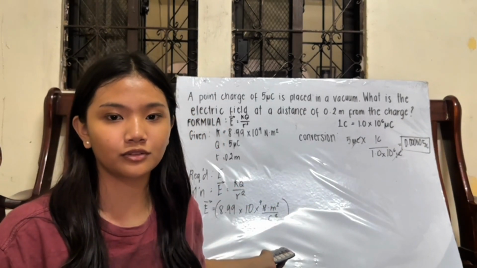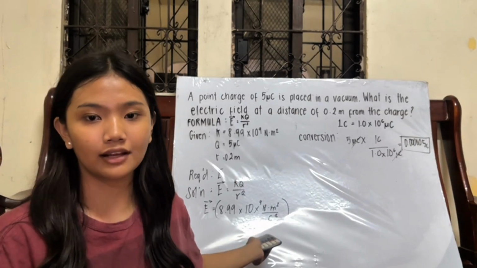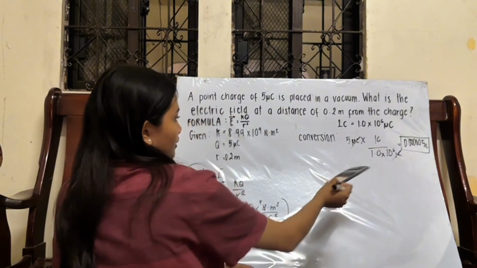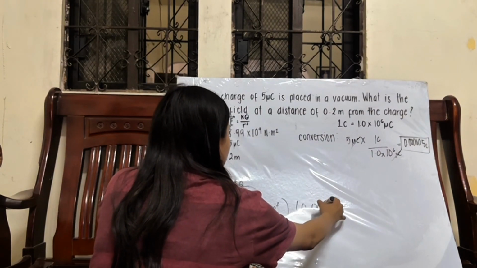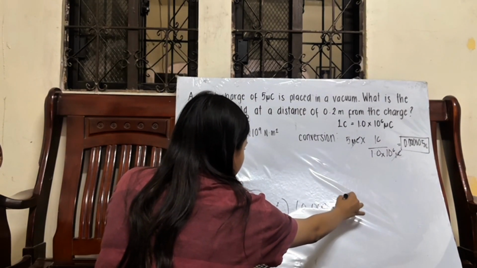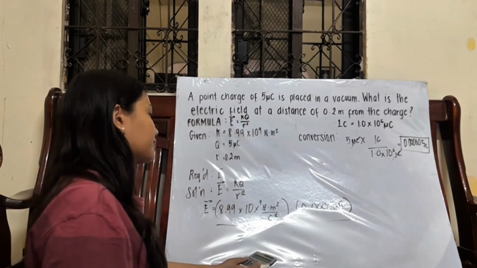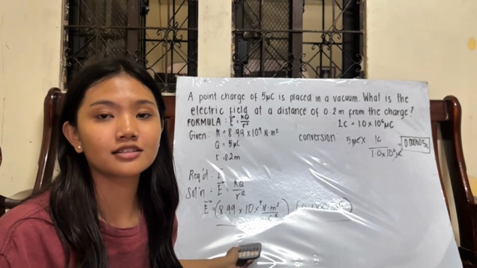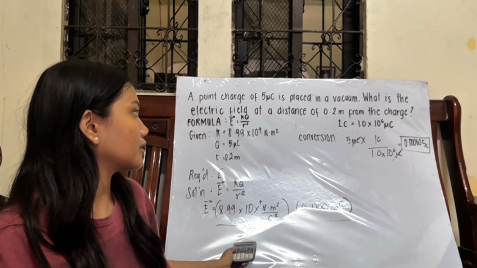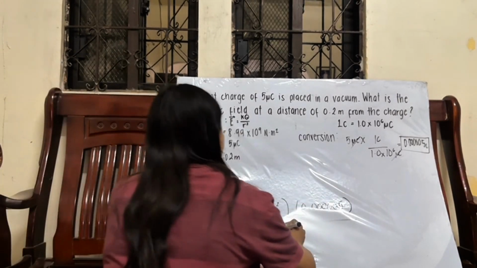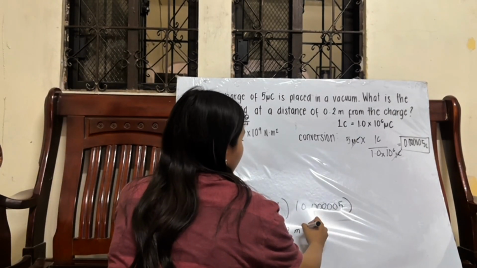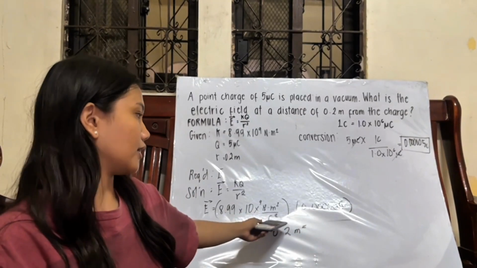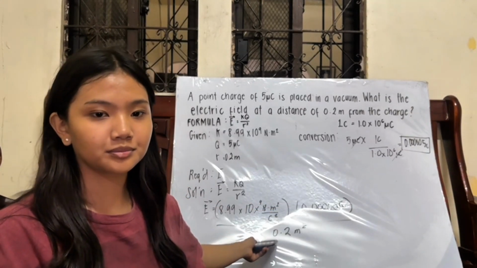Here is the substituted formula, where k is a constant value. The Q, which is the one that we converted, is 0.000005. And the r, which represents the distance, is 0.2 meters squared. And this is the numerator. This is the denominator.